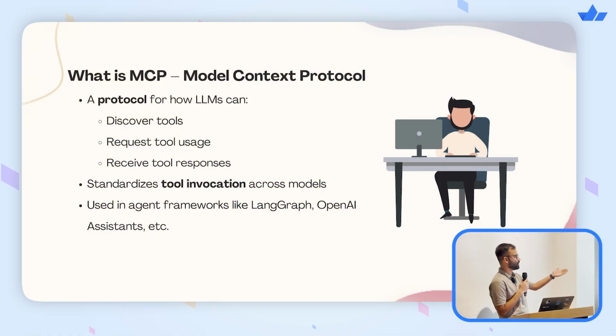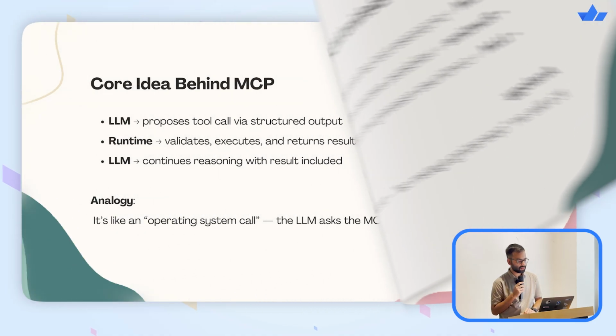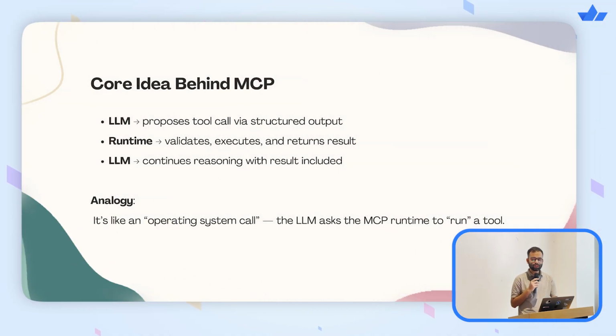So basically using agentic frameworks, for example, like LangGraph, OpenAI assistants, etc. Okay, I'll come to that, what is an agentic model. Again, the core idea behind MCP is that let's say you're interacting with an LLM, and it uses a tool with a standardized format as the input for the MCP server.